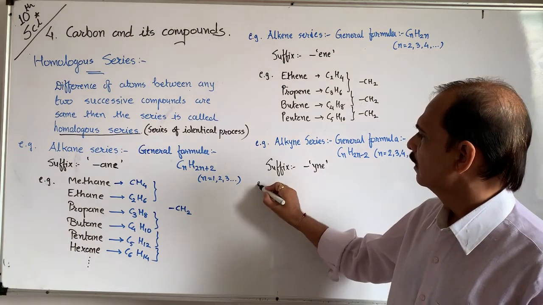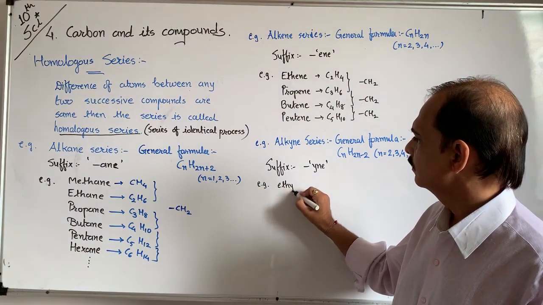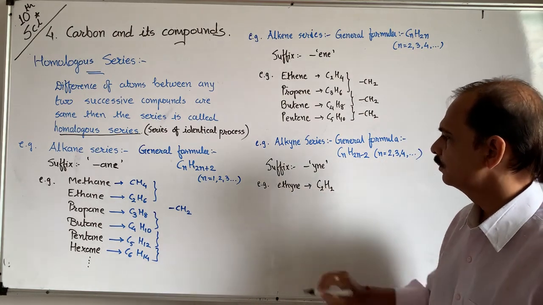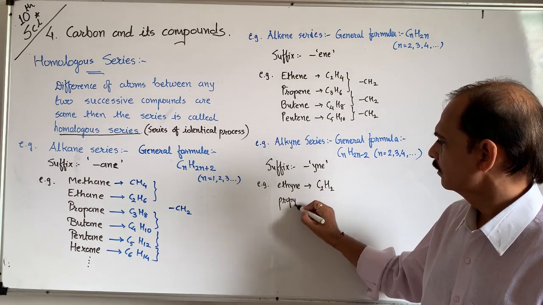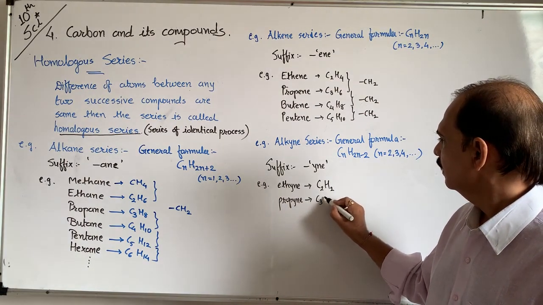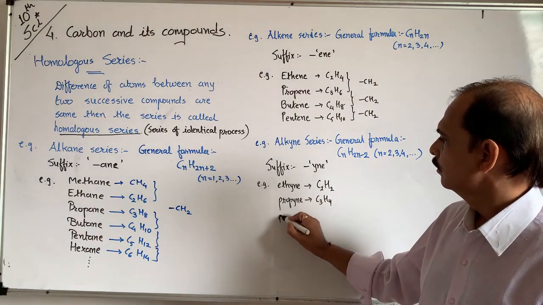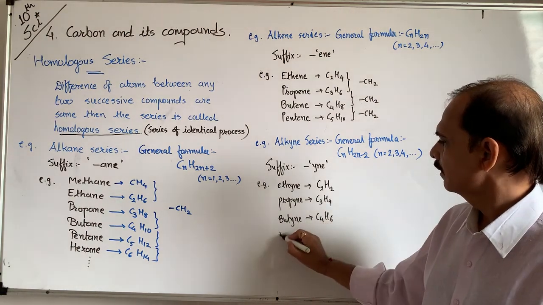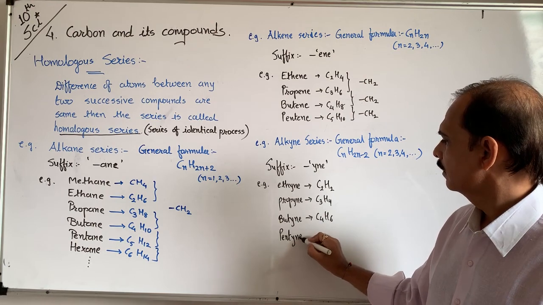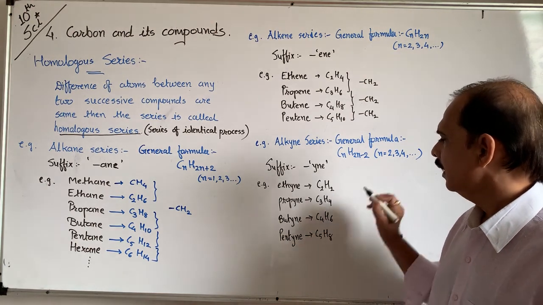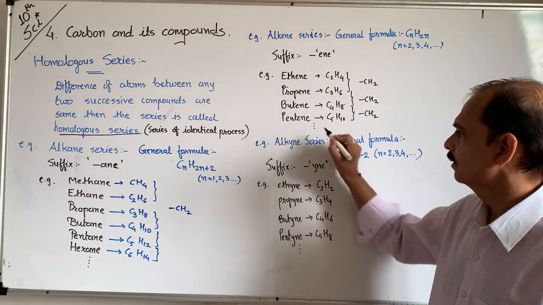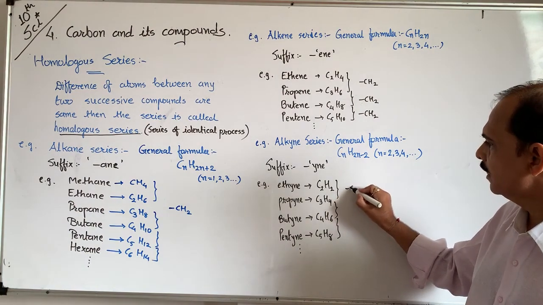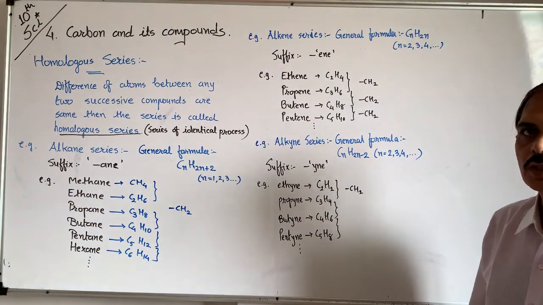For example, ethyne, placing n equal to 2, C2H2. Propyne, C3H4. Butyne, C4H6. Pentyne, C5H8, and so on. Once again, the difference between any two successive compounds in their atoms is CH2. That's why it is known as a homologous series.